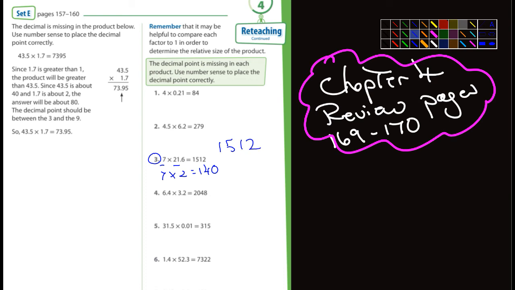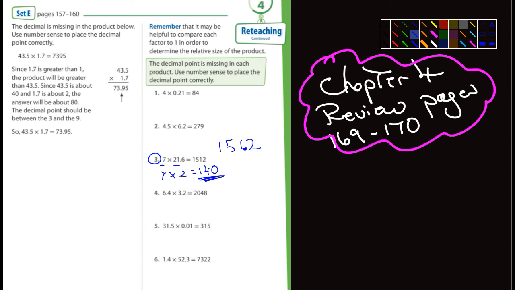Well, if we estimated at 140, and it's going to be more than that because it's not 20, it's 21, and it's not even 21, it's 21.6, it's going to be a little bit more than that. Where do you think the decimal would go if we're estimating at 140? Well, yeah, how about right here, right between the 1 and the 2?